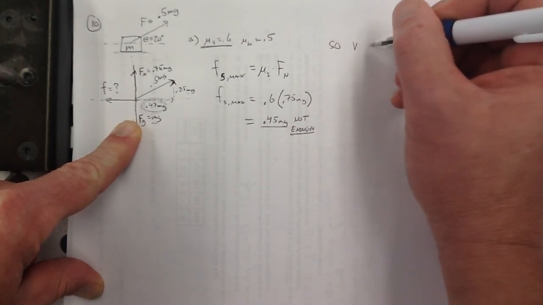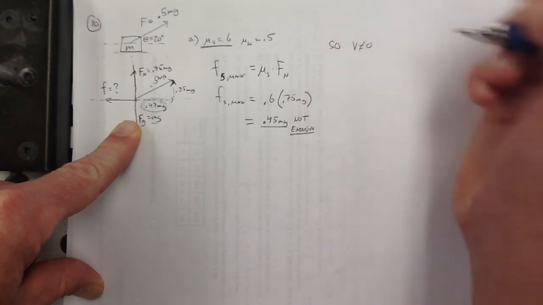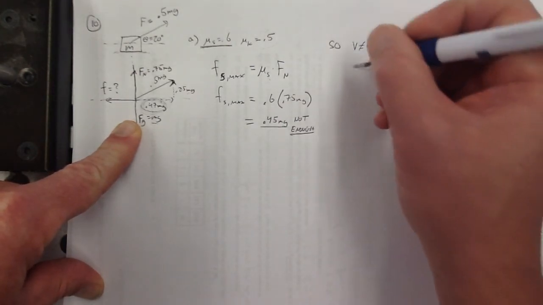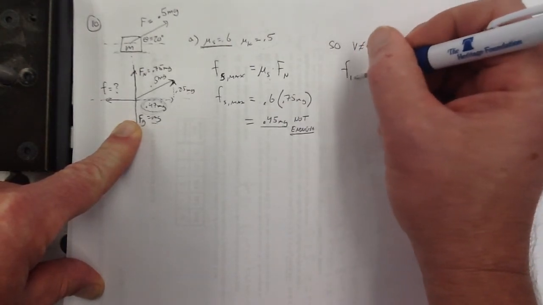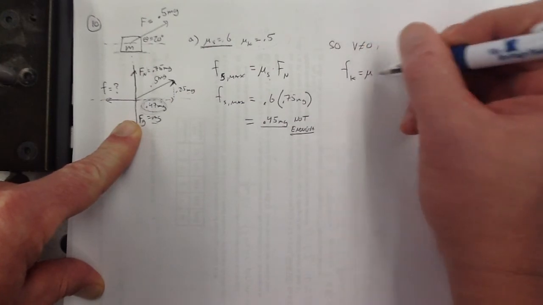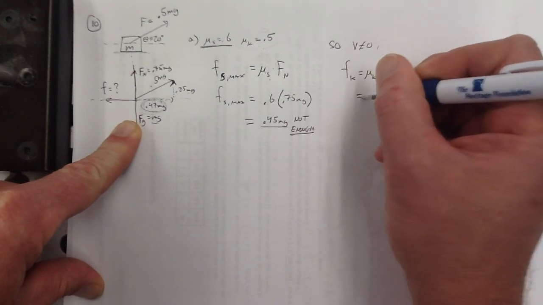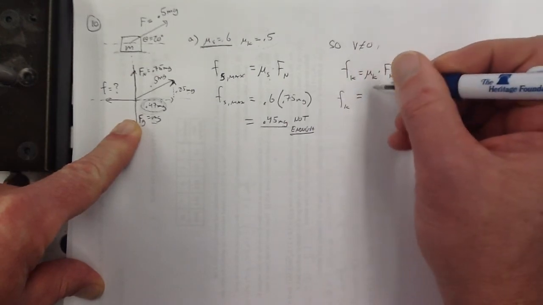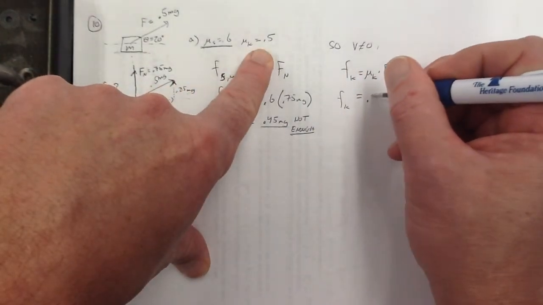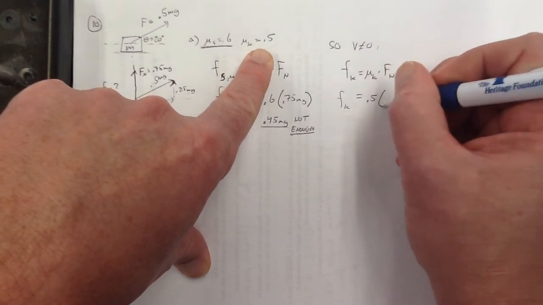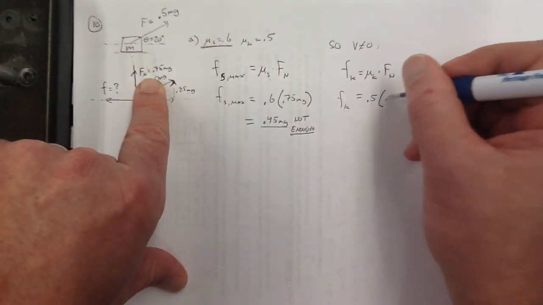So the velocity is not equal to 0. And that means that we have kinetic friction. How much? Well, the kinetic coefficient is 0.5 times the normal force, which is 0.75.